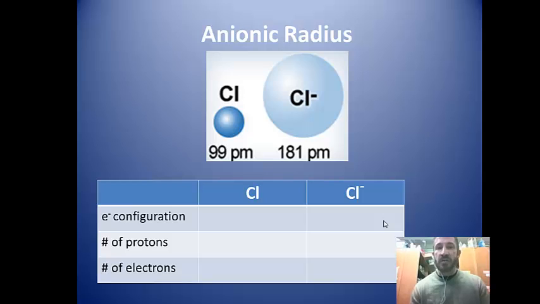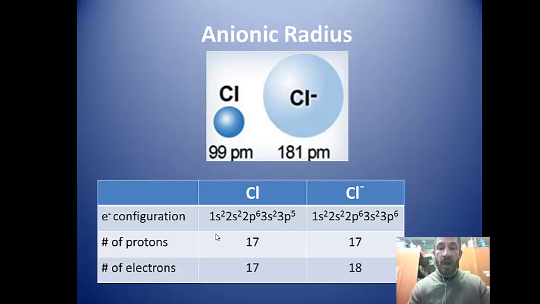Now let's look at anionic radius. Now the opposite is true in an anion. So what we're going to do is look at the electron configuration, the number of protons, and the number of electrons. Notice the same thing here. For chlorine, this is the ground state electron configuration for both of these. And then notice the difference with the chloride ion is we've added one more electron, specifically in a 3p level.